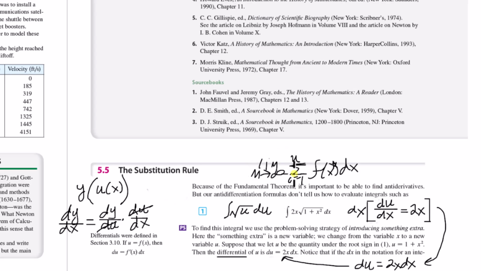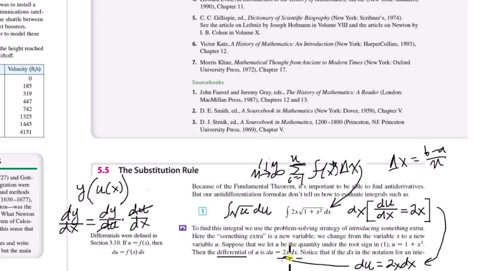The f of x is just the function, and this wasn't dx, this was delta x in the actual sum. Now, as n goes to infinity, we know delta x is equal to b minus a over n. Delta x gets infinitesimally small, and so the delta x gets replaced with the dx.